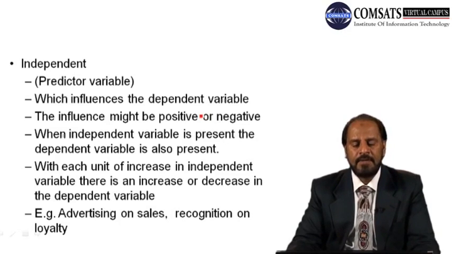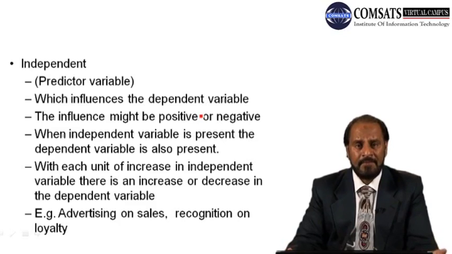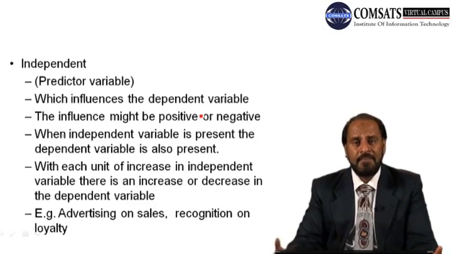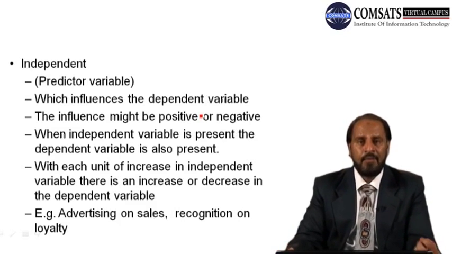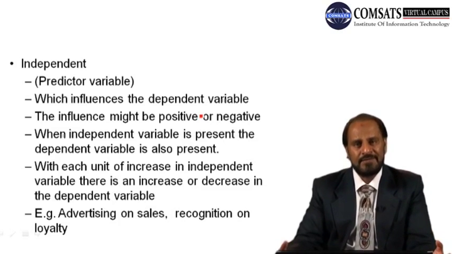When we say what is the relationship between the two variables, we are saying that whenever the independent variable is brought out, the dependent will exist. Let's say whenever we try to increase the advertisement, sales will increase.